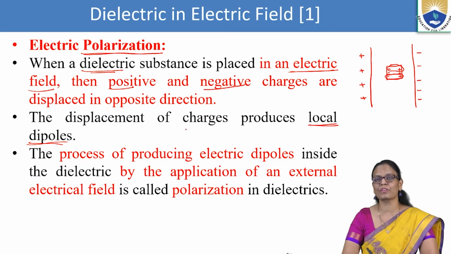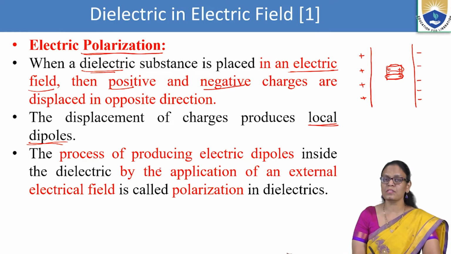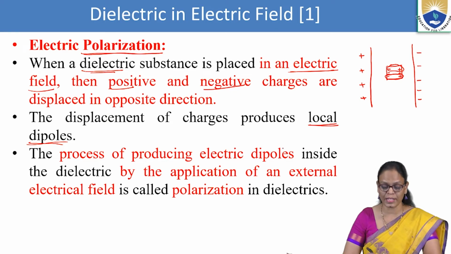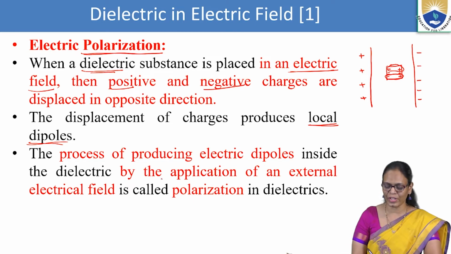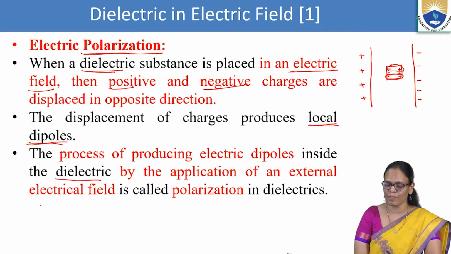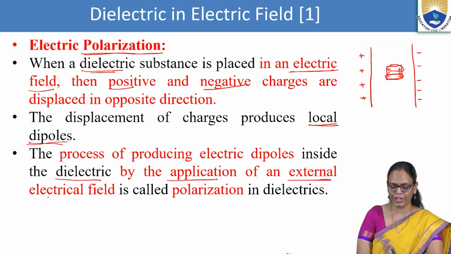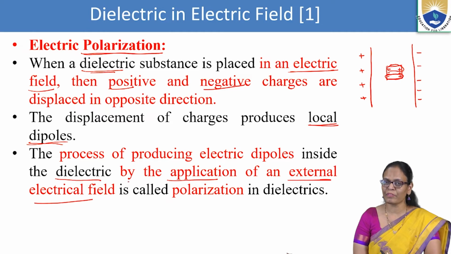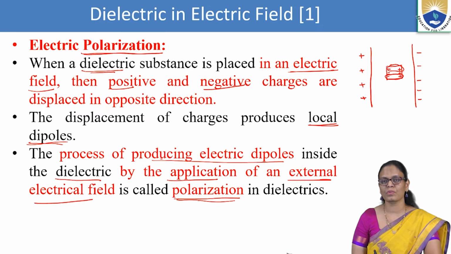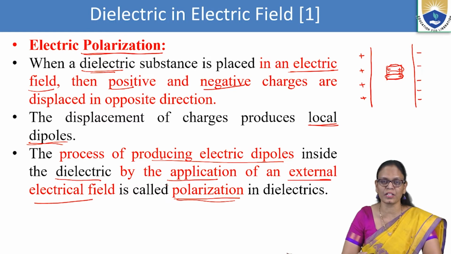Now the process of producing electric dipoles inside a dielectric by the application of an electric field is what we call polarization. So it is the process of producing electric dipoles by the application of an electric field in a dielectric.